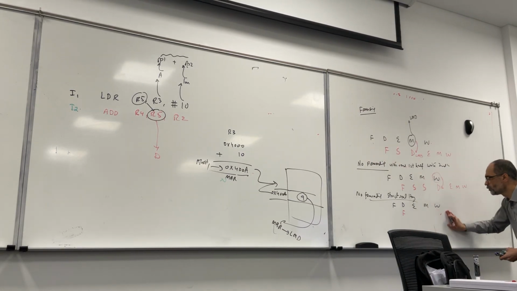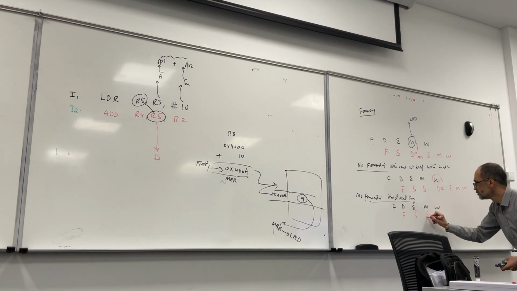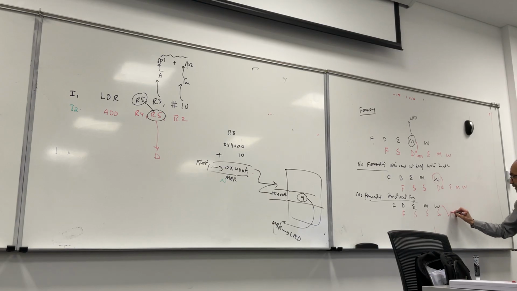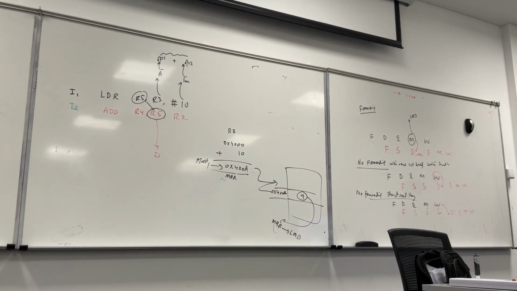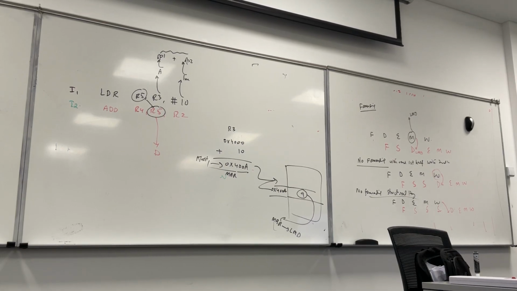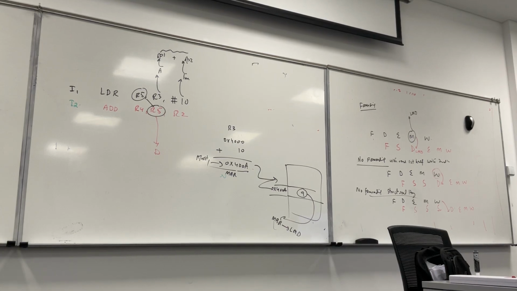No. Since we cannot do it, we have 1 stall, 2 stalls, 3 stalls, and it is available in the next cycle. So stall, decode, execute, memory, and write back. So we have now 3 stalls here. And in the last example, we have which hazard? The structural hazard. Any question? So it all depends on the assumptions.